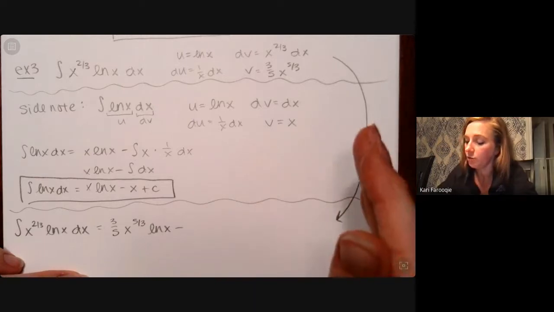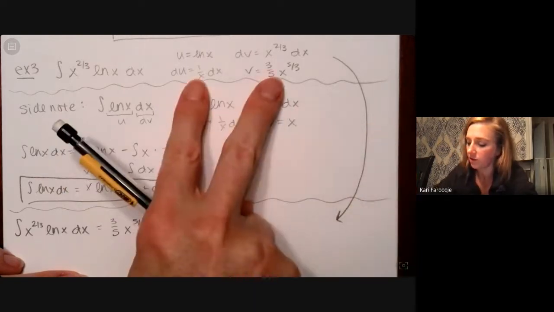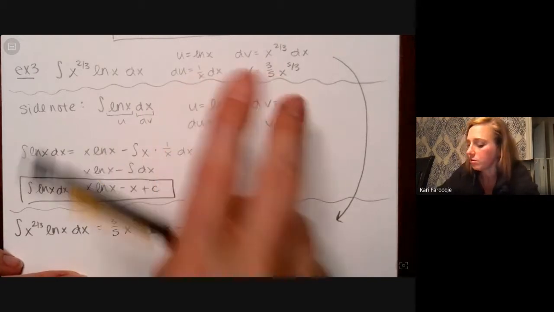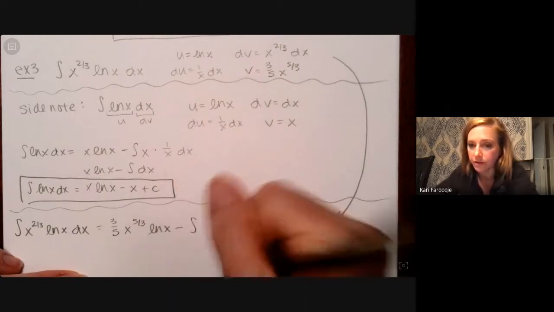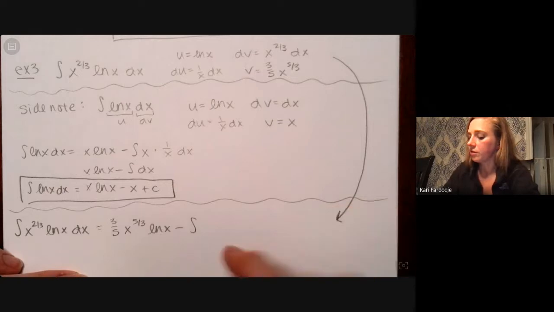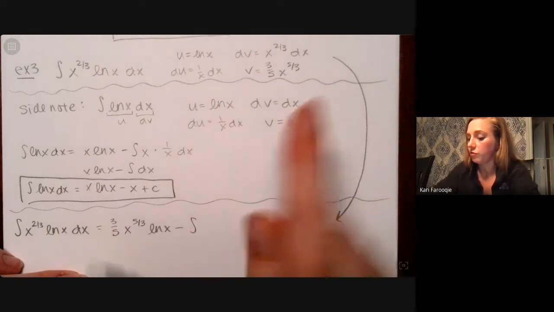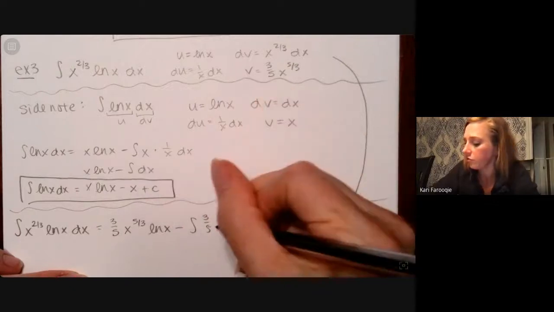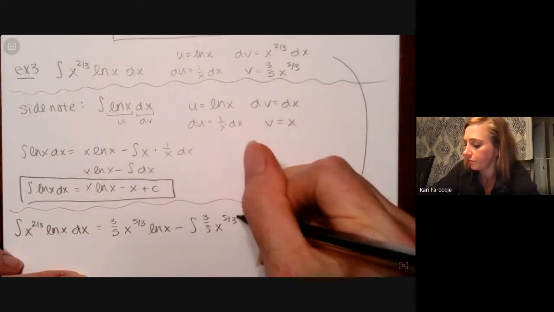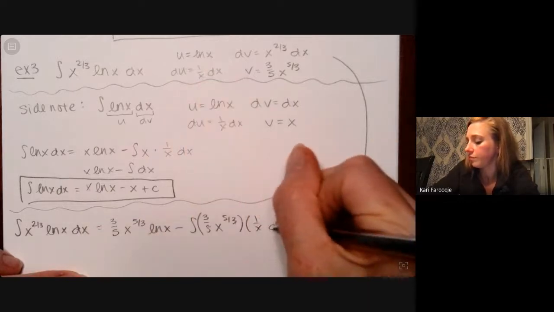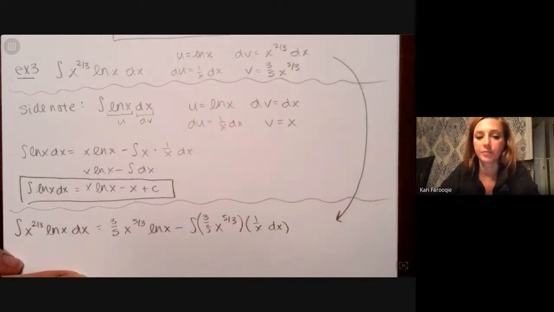Now, if you already know you'll be multiplying these together and putting them inside this integral, be careful with your mental math. I usually write this out and then I simplify it in the next step before I reintegrate. So uv minus the integral of v du. So v, we said was 3/5 x to the 5/3. And then du is 1/x dx.